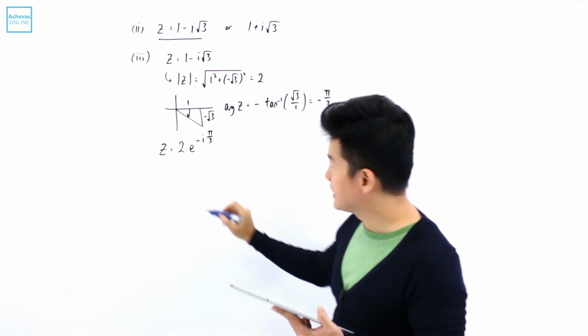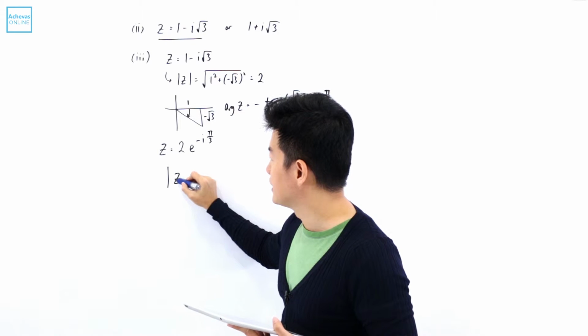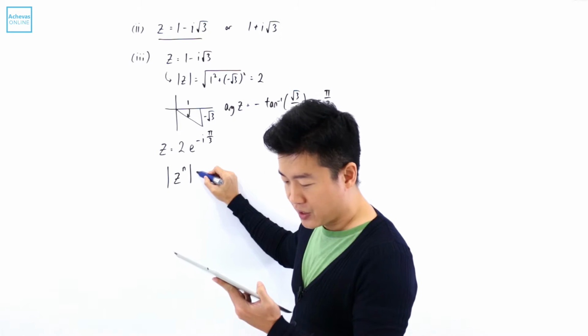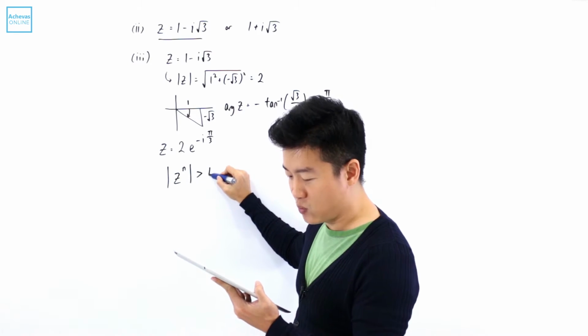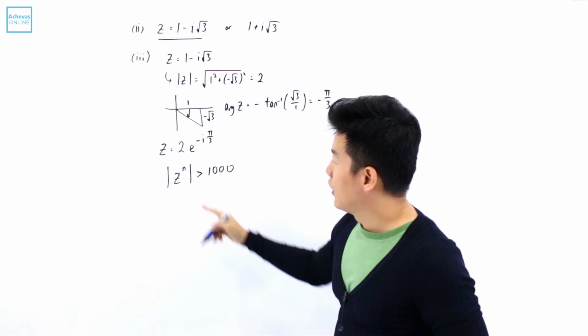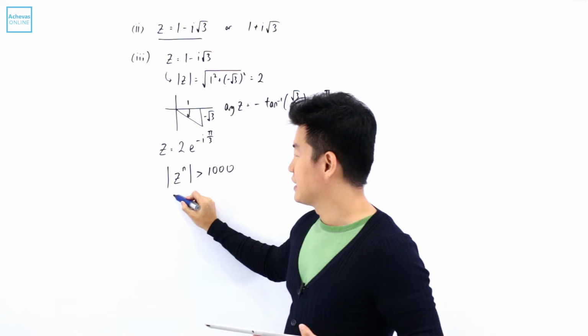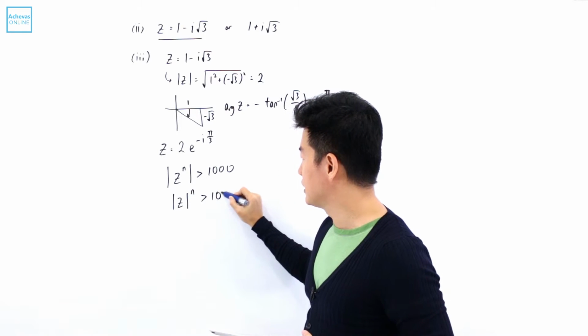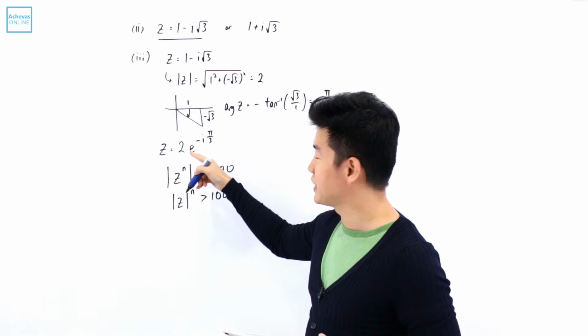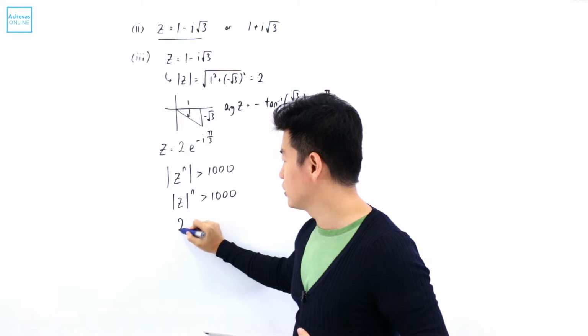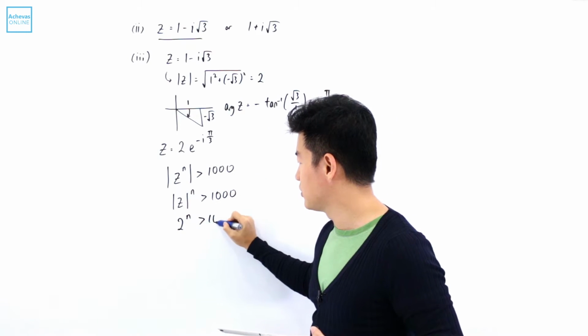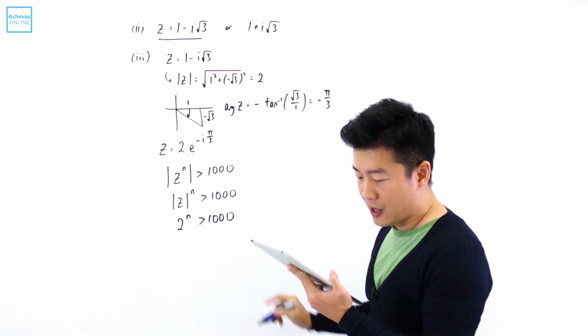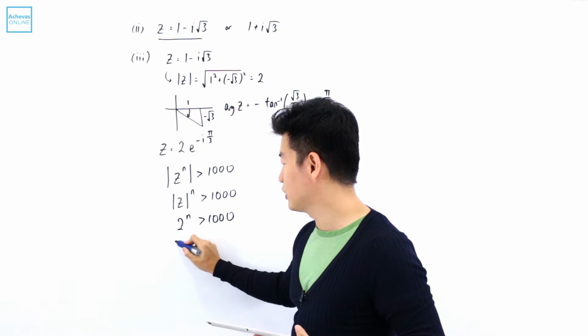The question says that modulus of z to the power of n is bigger than 1000. Modulus of z to the power of n is the same as modulus of z, to the power of n. This is bigger than 1000, and modulus of z is 2, so it is 2 to the power of n. This is more than 1000. I'm going to take ln of both sides.